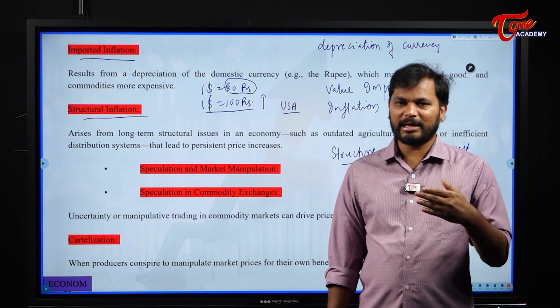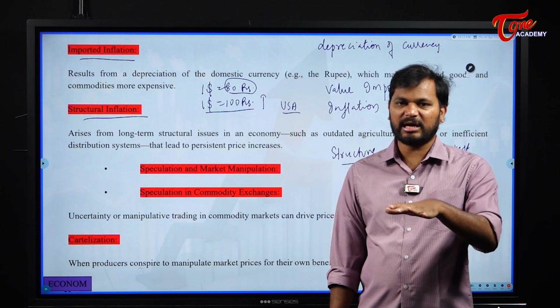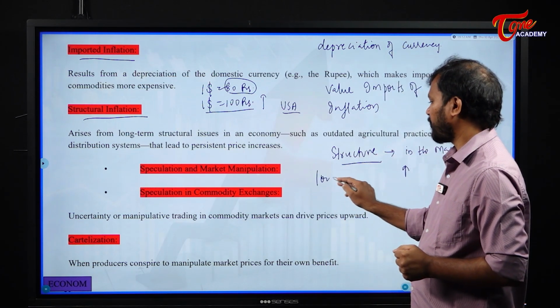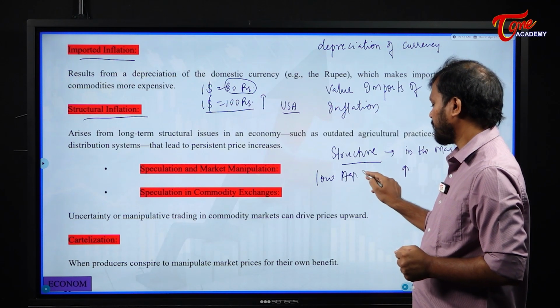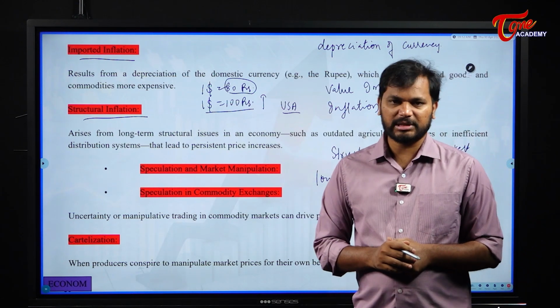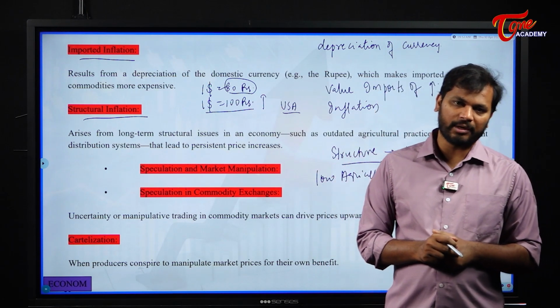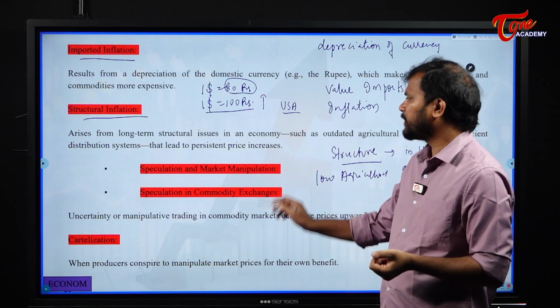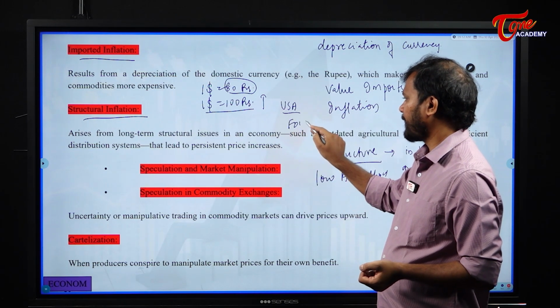Structural inflation arises because of certain changes happening in the economy. For example, if there is low agricultural productivity in a particular year, then as a consequence, with respect to certain agricultural goods like onions and tomatoes, the prices of onions and tomatoes will increase, leading to food inflation.